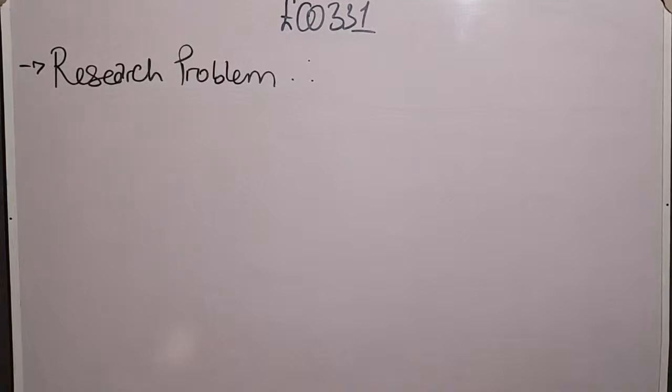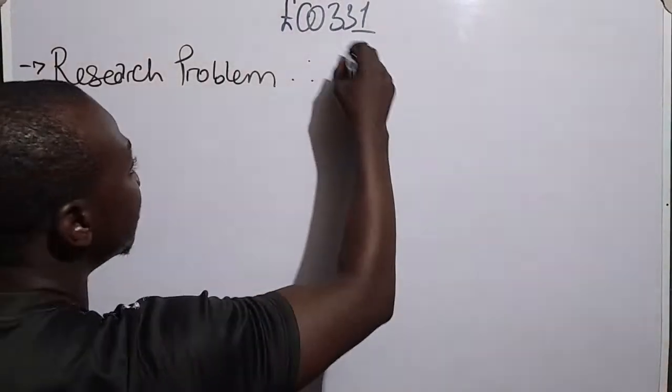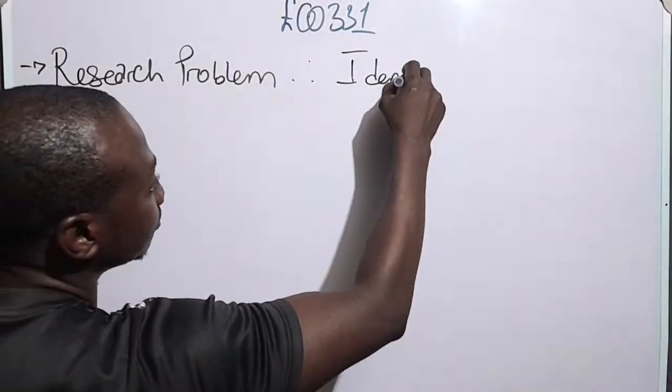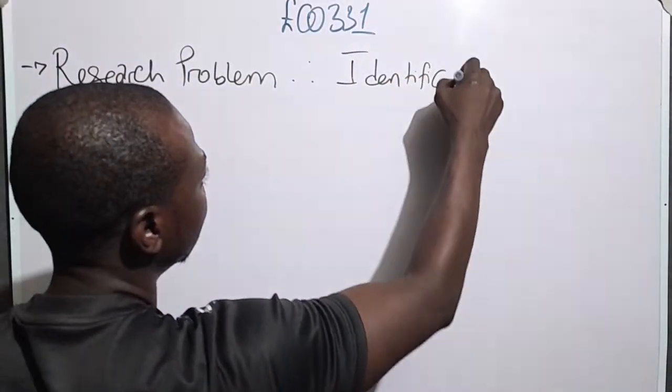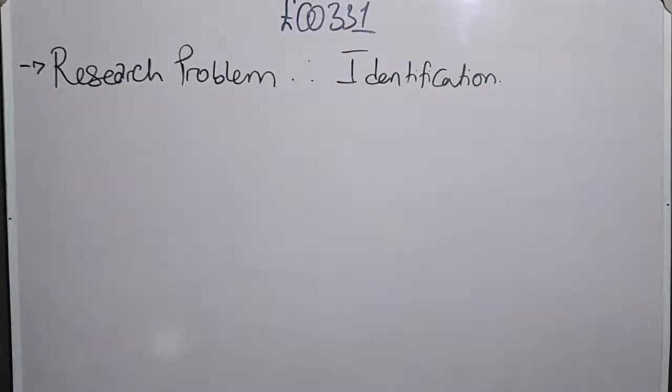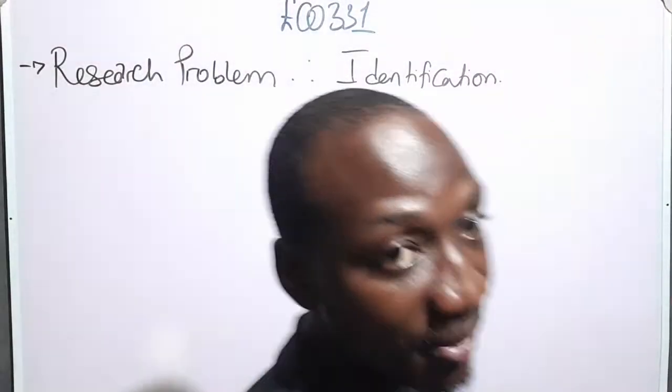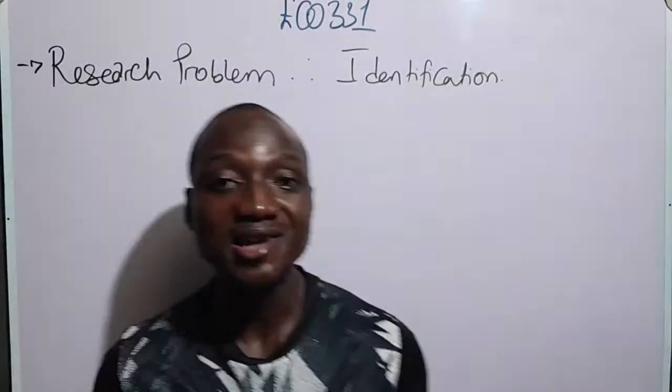So now, when we talk about research problem, we want to first consider the fact that identification is very important when it comes to research problem. Identification is the first thing. I'm very sure you must have heard before now that once you realize that there's a problem, the solution is very near indeed.